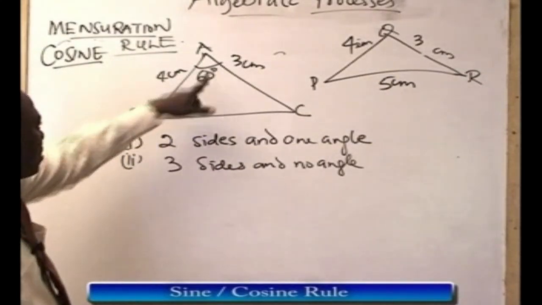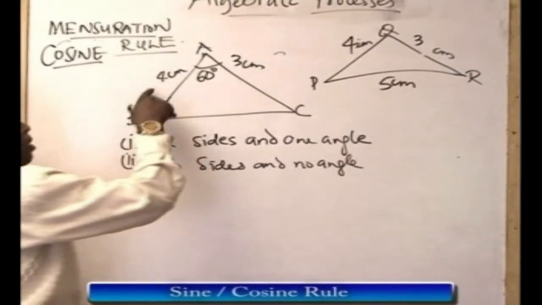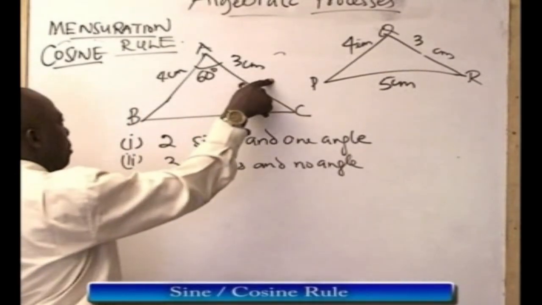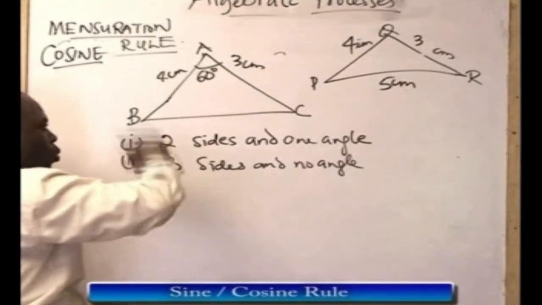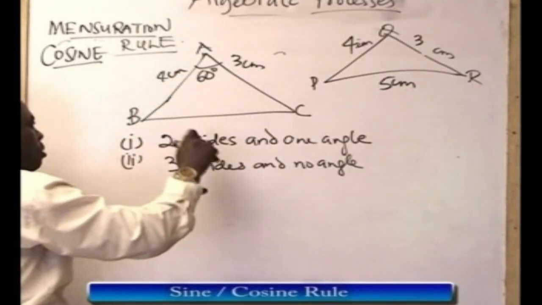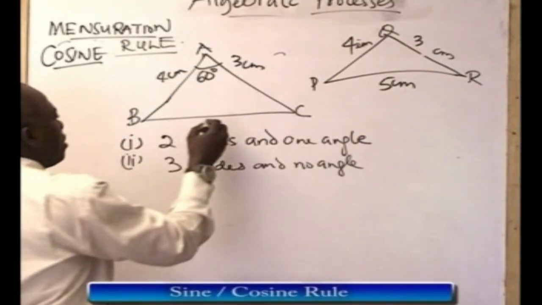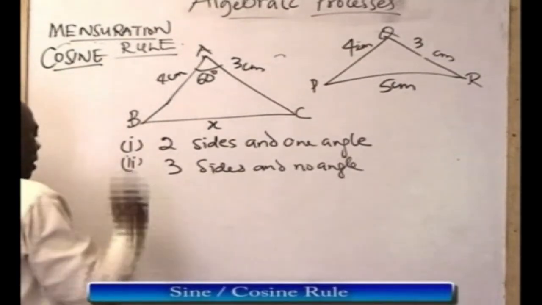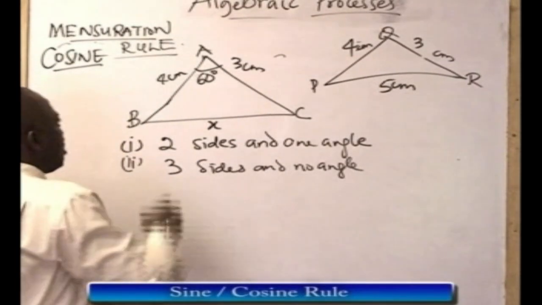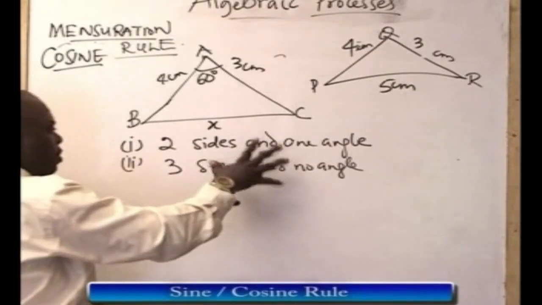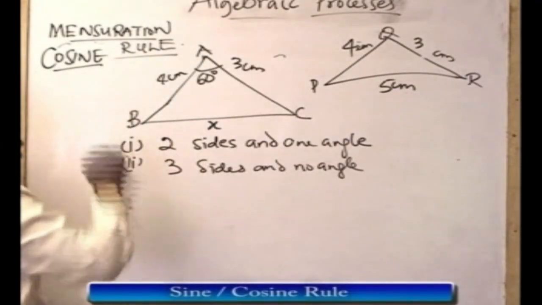Look at these two sides: we're given small c and small b, and the angle we're given is A. So when you meet this kind of triangle and you have been asked to determine an unknown side like x or small a, know that what you're going to use is the cosine rule.